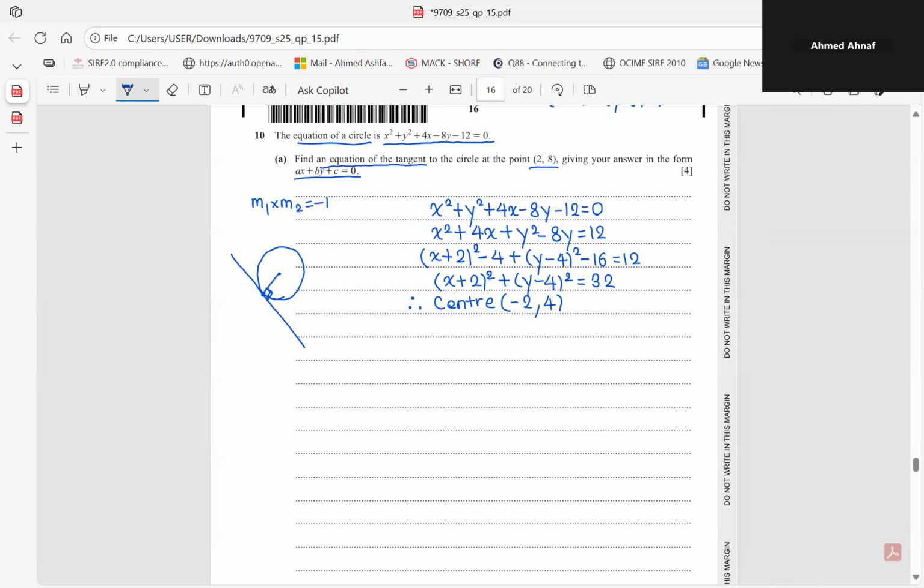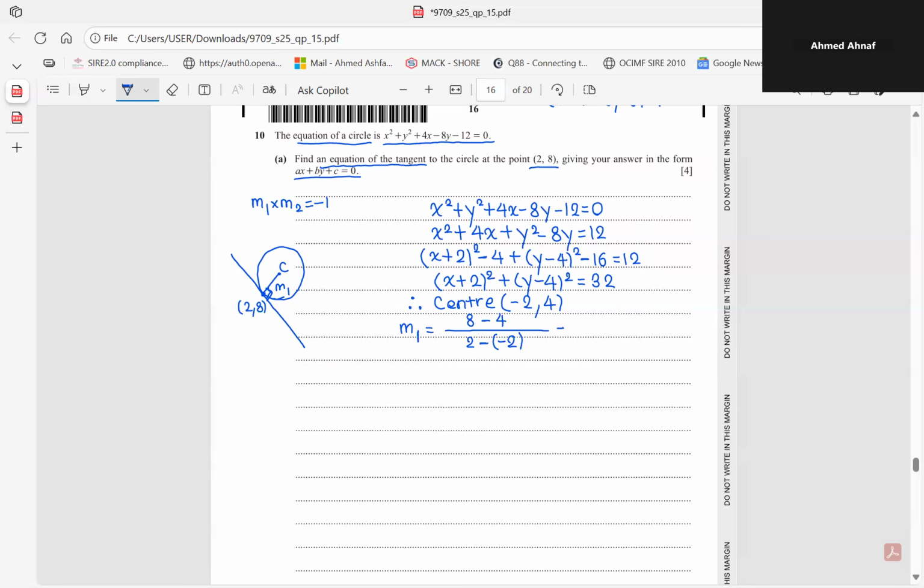First of all, let's find the gradient m1. So this is going to be m1. This is the center, and this is (2, 8). So this is 8 minus 4, over 2 minus -2.